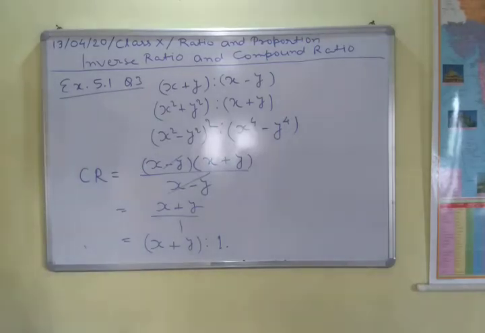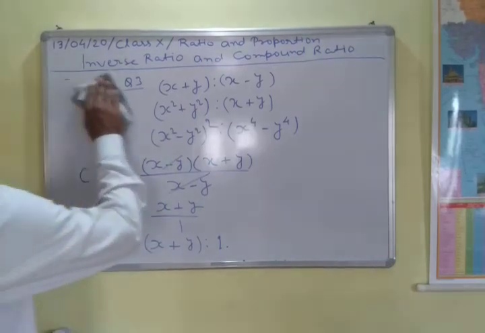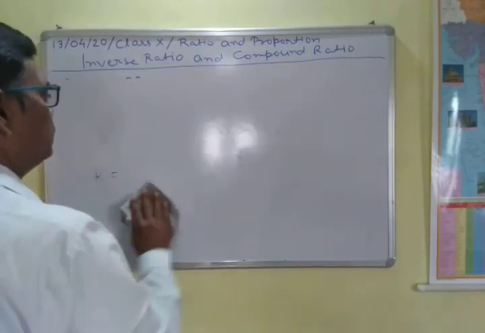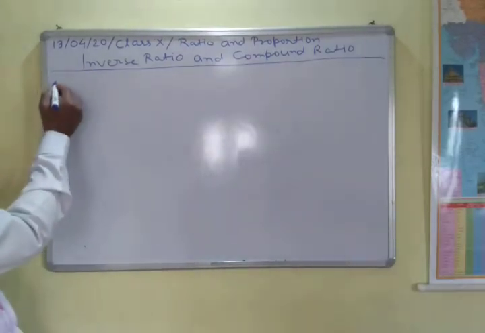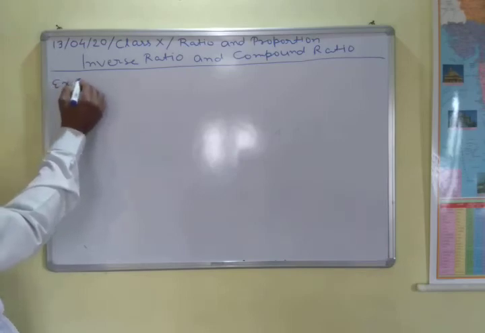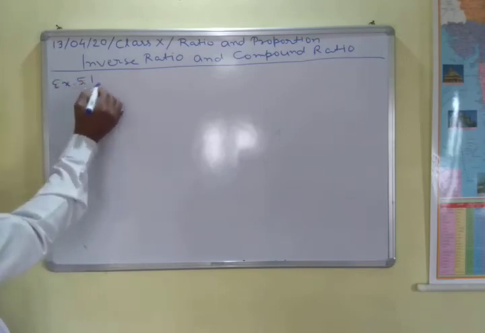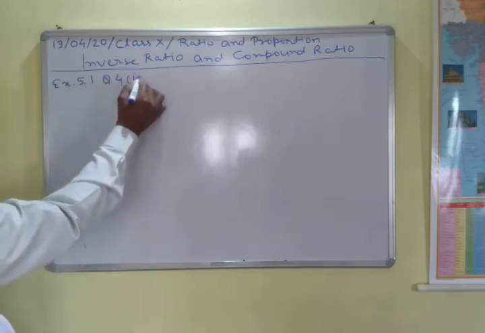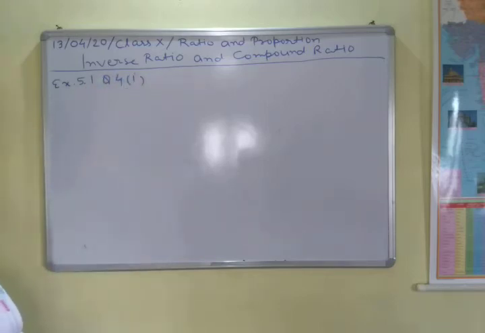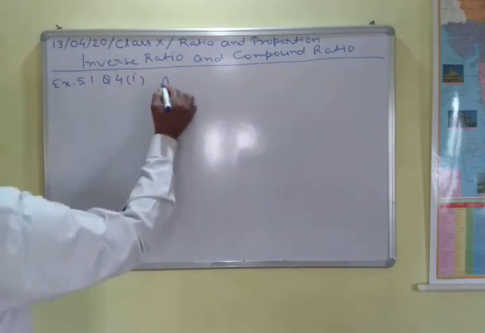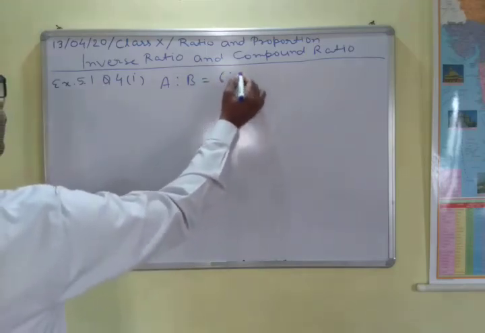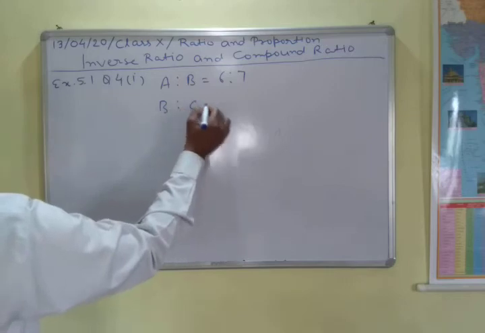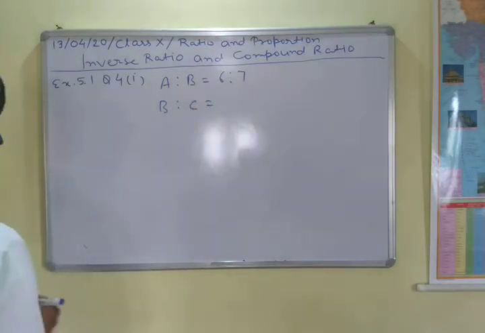We can also solve one more question here. This is question number 4, Exercise 5.1. Here the question is: A is to B equal to 6:7, and B is to C equal to 8:7.